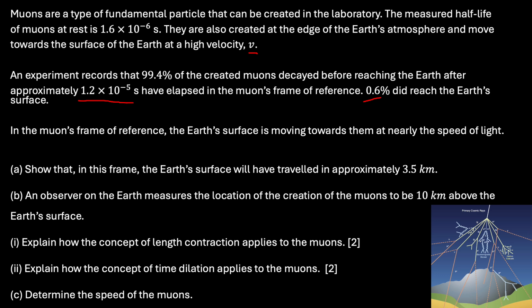So we have a few questions, including some explanation type ones to show you understand the effects of special relativity. And question C is an extremely difficult calculation to find the speed these muons are actually moving at. We know that they're moving at nearly the speed of light, so it's probably greater than 0.9 light speed. That should give you an indication of your final answer.